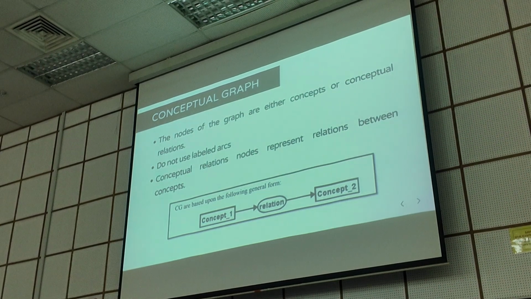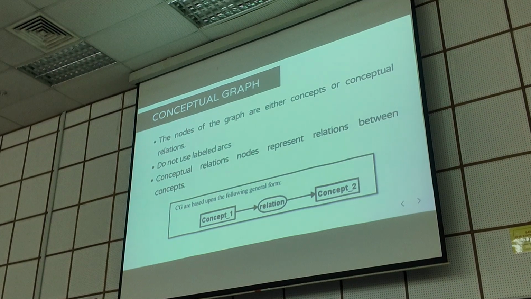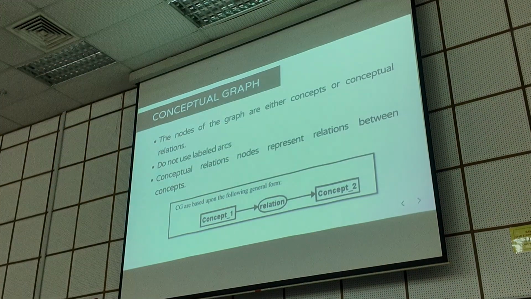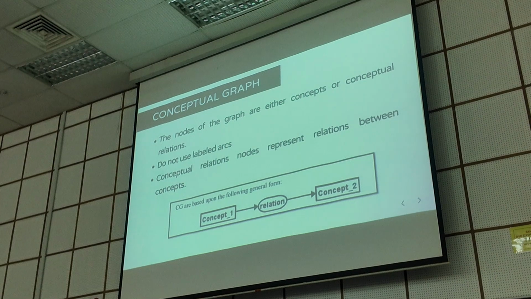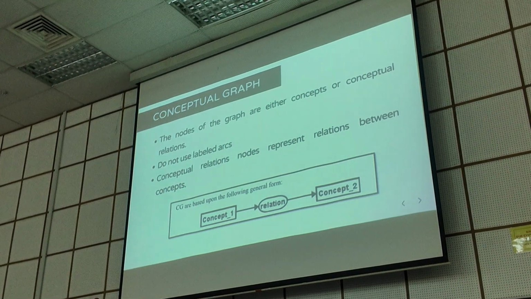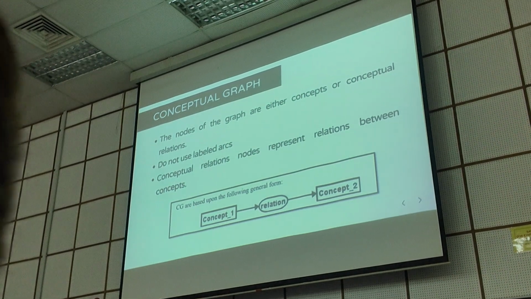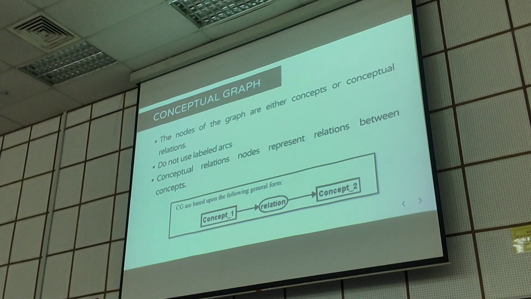So you can temporarily forget about what a conceptual graph is formally, but I will just let you know how to draw the conceptual graph. What is the difference between the conceptual graph and semantic networks? In semantic networks, we have a node to represent the concept, right? Then we have a label arc, which shows the relation between concepts. Alright, so then we have our relations.